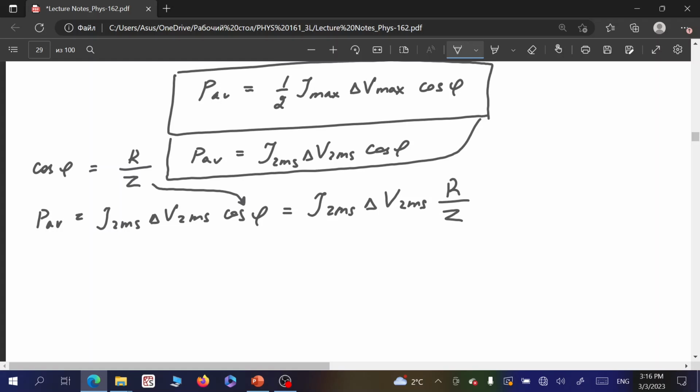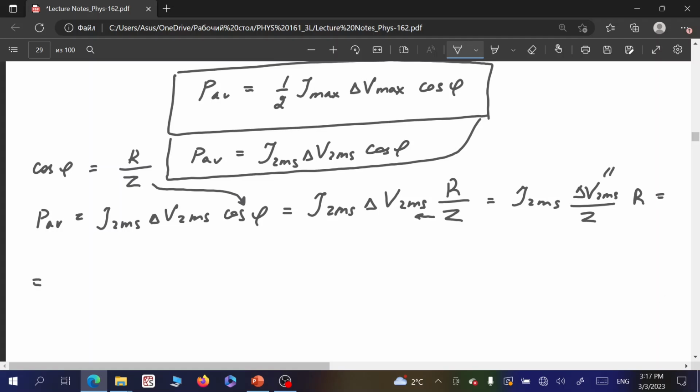So now we rearrange it a little bit. We move this impedance under VRMS. So it will be IRMS times delta VRMS divided by impedance and multiply by active resistance.